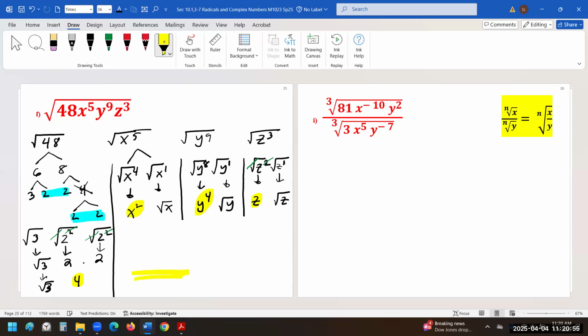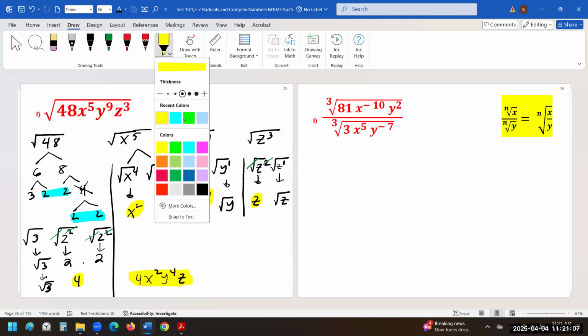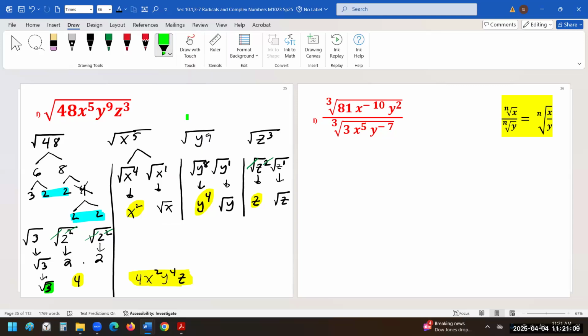We put them together. 4x squared y to the 4 z. All of them are free. And then there are few things like the 3 is not free, x, y, z, none of them are free.